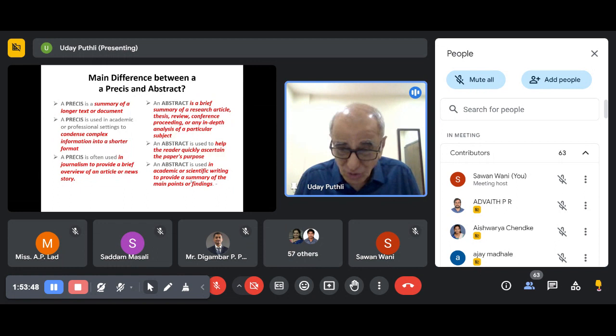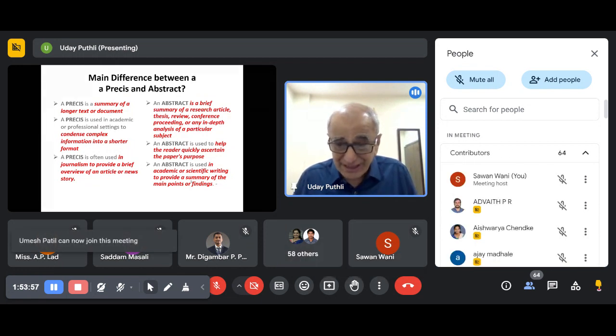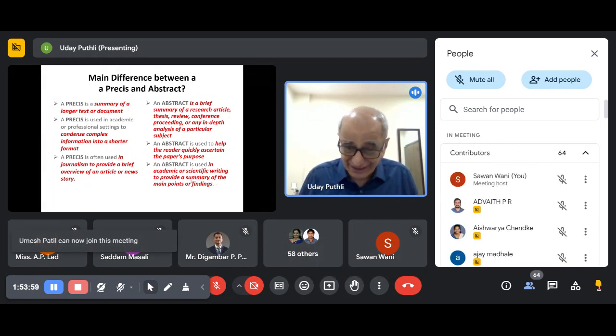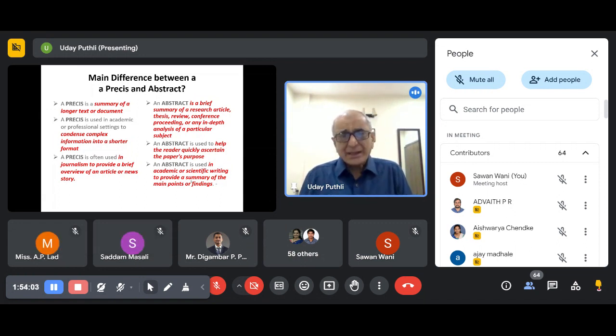An abstract is used. What are the uses? Whereas the first thing is only journalism, mainly journalism, I won't say only. It is used in academic or scientific writing to provide a summary of the main points or findings. The idea in telling you about an abstract and a précis here is not to tell you how you should write your paper. There are others who have told you that, and that is their subject. My subject is reading.